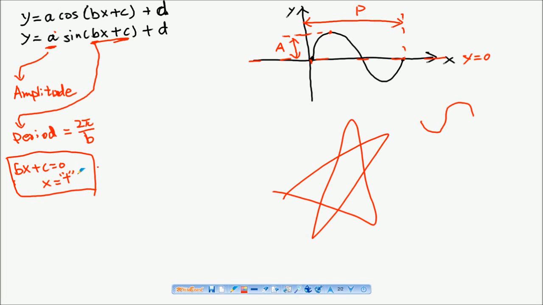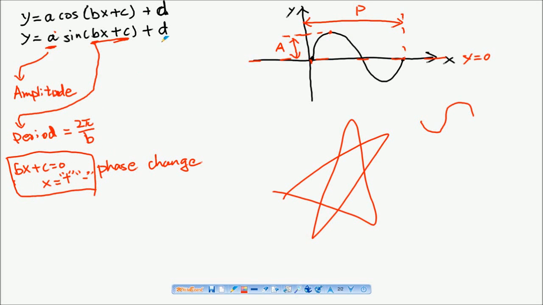If x is negative, it moves to the left. We call it a phase change. Basically, the plus c indicates a phase change in your graph, so sometimes you have to shift the graph to the left or to the right, depending on the value.